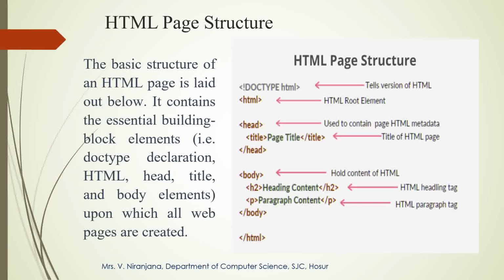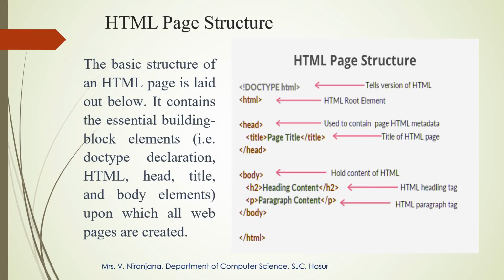HTML elements used inside the head element include style, title, and meta. The title, which is given here, will be displayed on the top of your browser when you visit a website and contains the title of the web page that you are viewing.